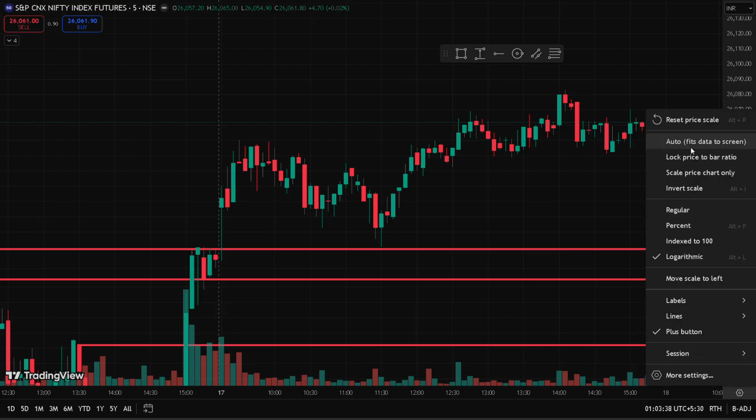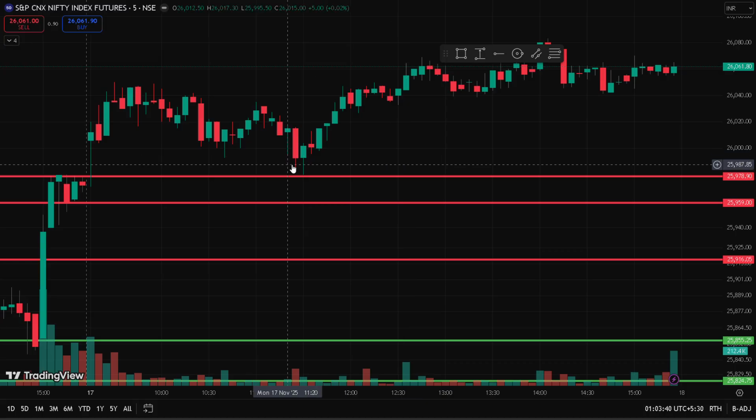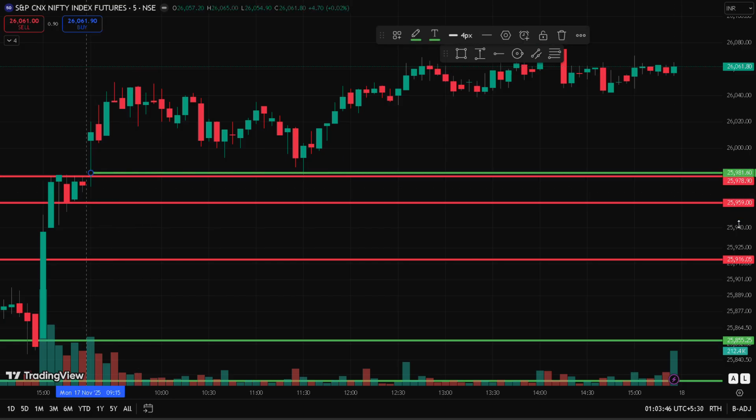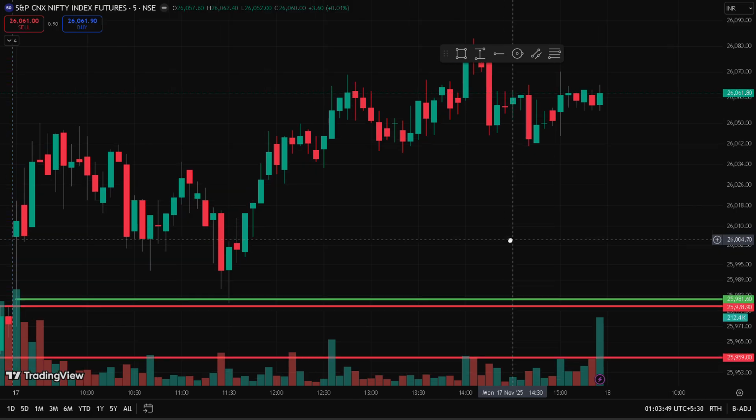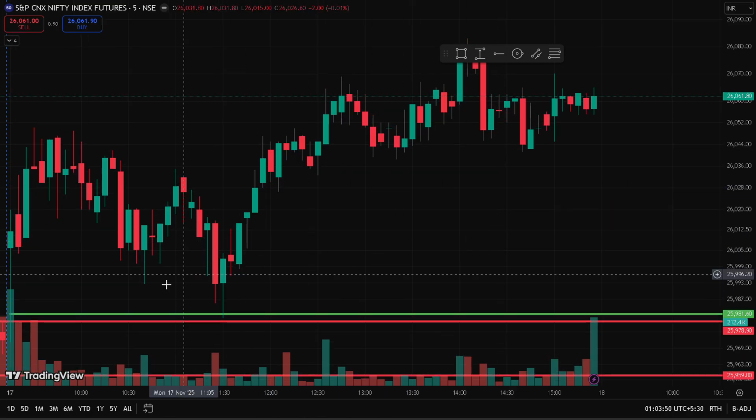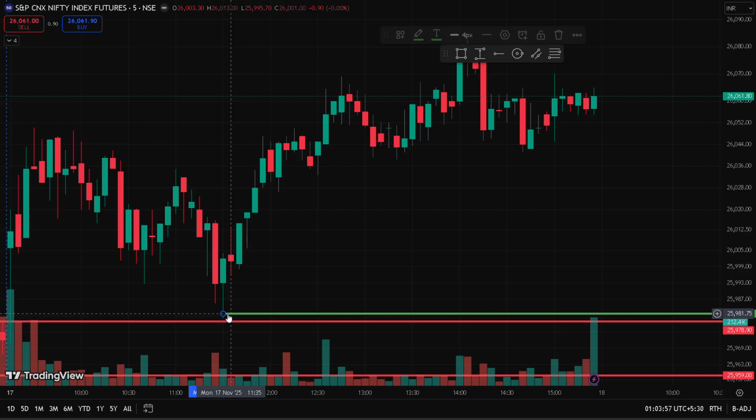So we can mark this level as bullish. It was not a major sharp move from this point, but it held the entire market from this point till this point.